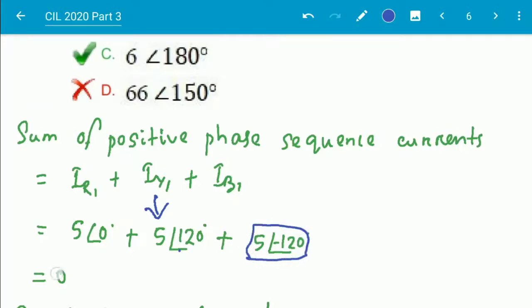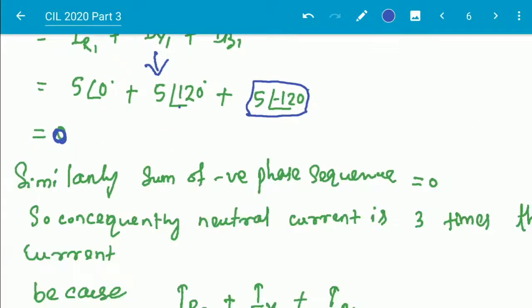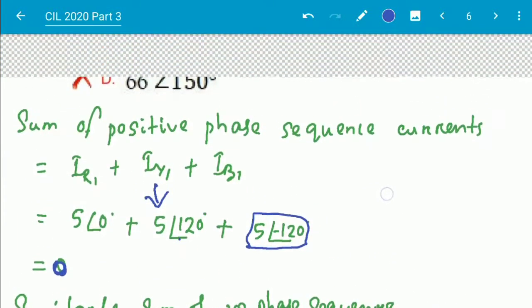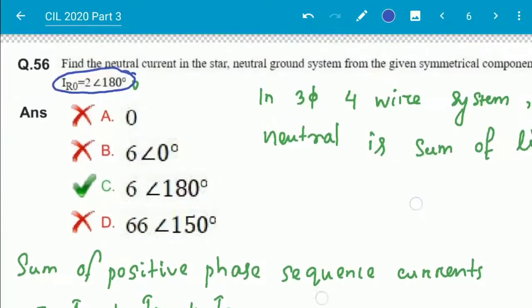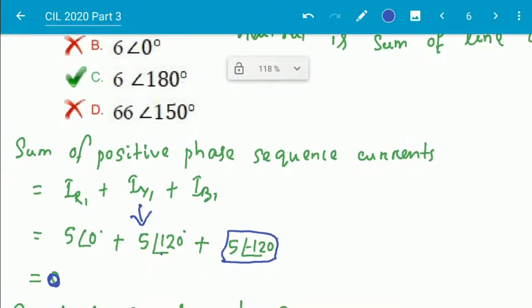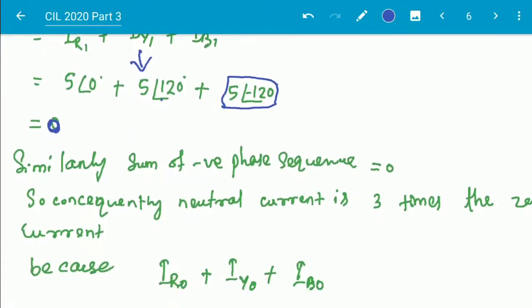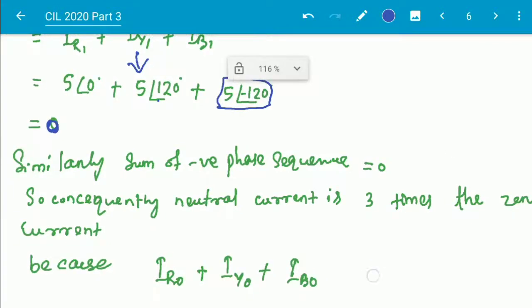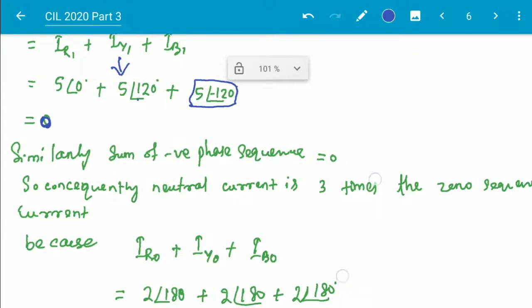This will be equal to 0. Similarly, the negative sequence will be a similar condition, and the sum will also be 0. So consequently the neutral current is 3 times the zero sequence current. How?